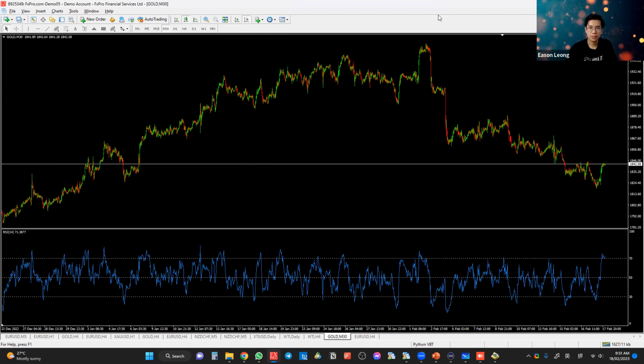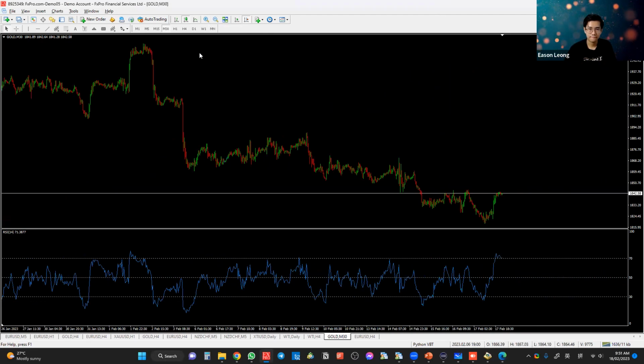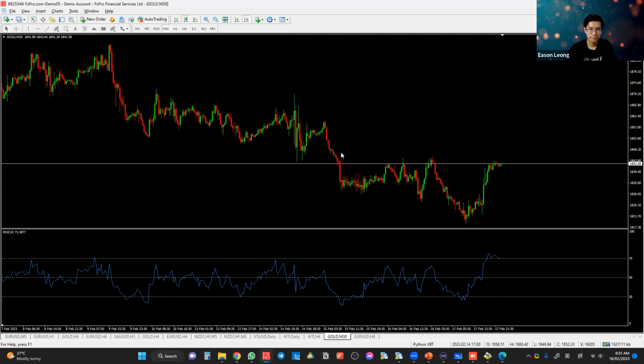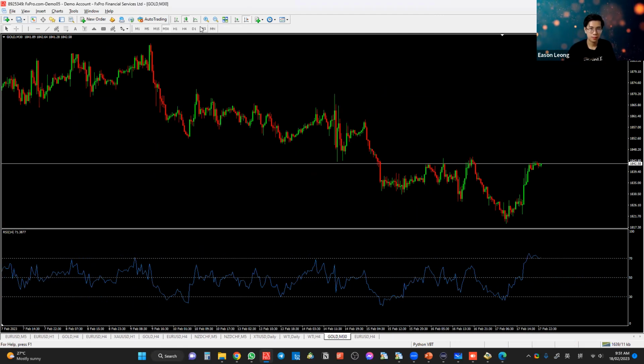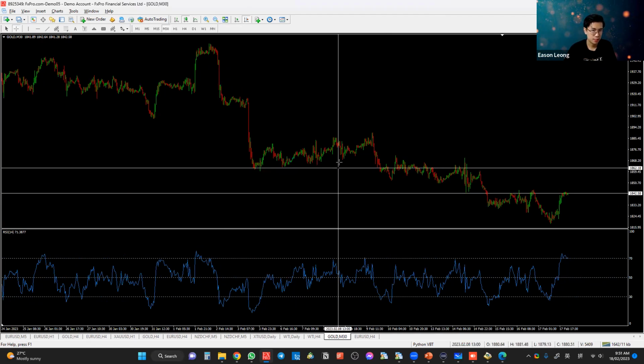The most conventional way people use RSI is to buy low and sell high on ranging markets. For example, they do the trades within these regions, like here. This area is what we call the ranging market.